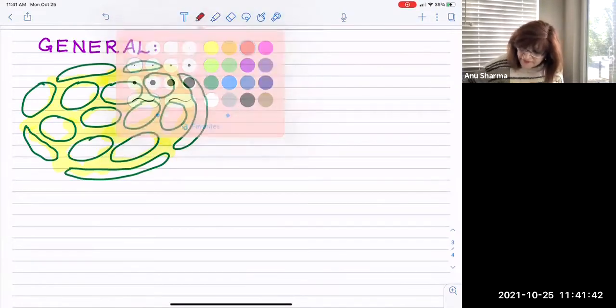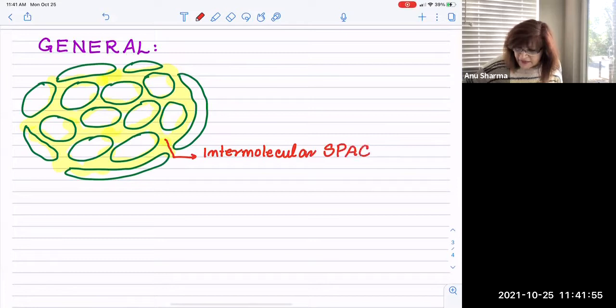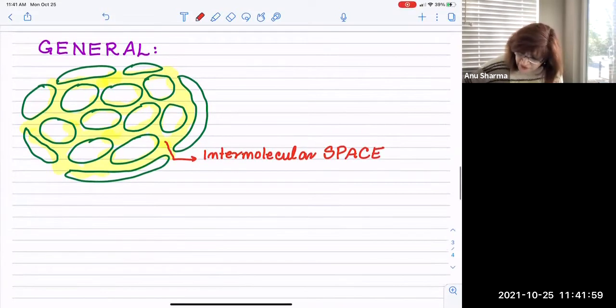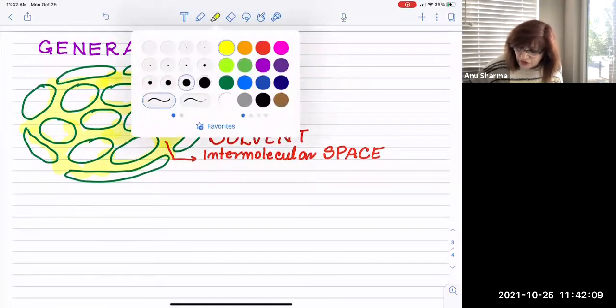Here is the intermolecular space. It's an empty space. So this is the solvent, with the intermolecular spaces in between these particles, in between the molecules of the solvent.